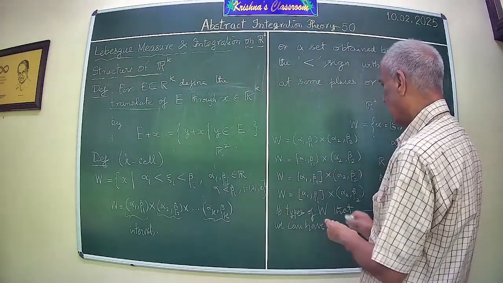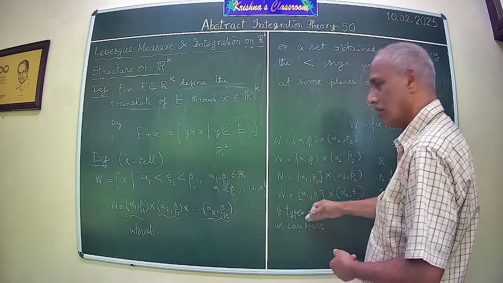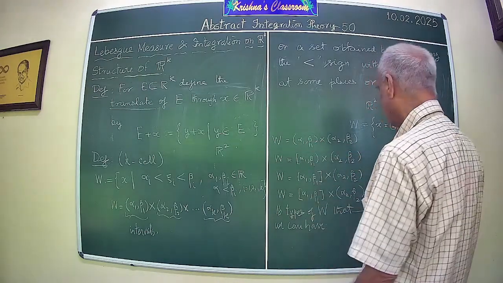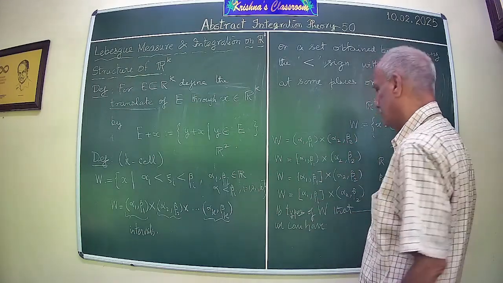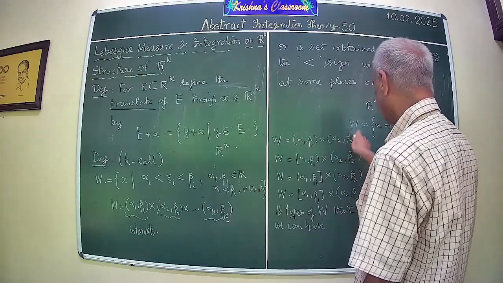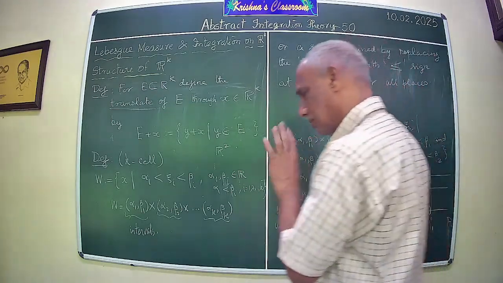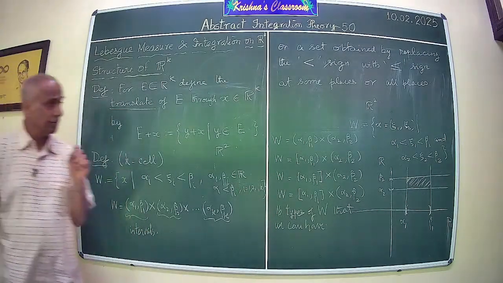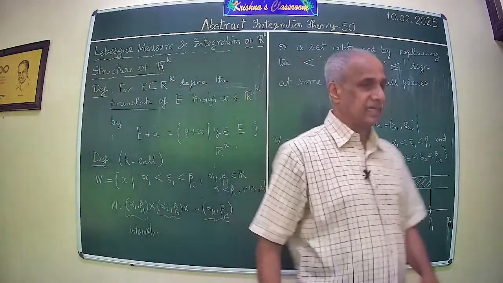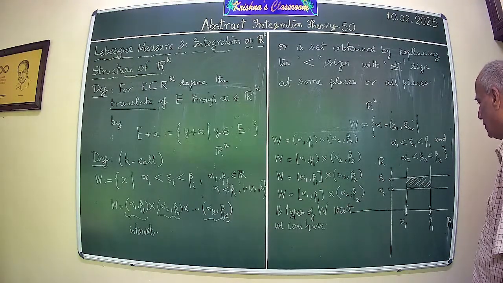Now for each of these, you can change this, and then again all four possibilities are there. You can change this, and there are another four possibilities. And then suppose you include alpha 2 and beta 2, then there are four different possibilities. So there are altogether 16 different types of W's that you can craft from these numbers alpha 1, beta 1, alpha 2, beta 2.